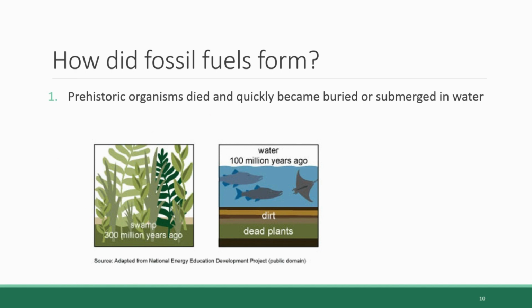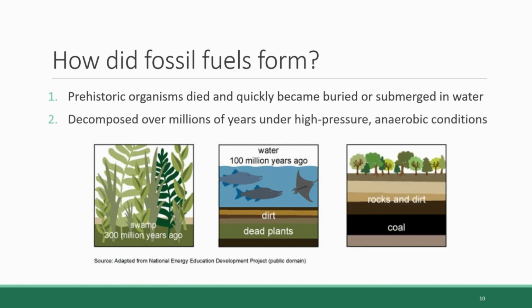And being buried or submerged underwater caused their decomposition rate to slow to an extremely slow pace. And then being compressed under the weight of the material under which they were buried led to conditions that caused them to transform into what they are today.